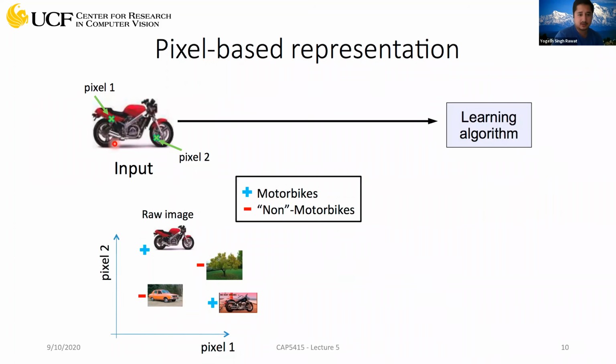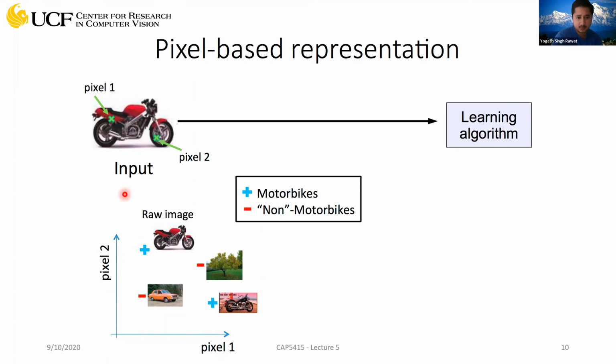So that was our input image, and let's say we are passing this image to a learning algorithm. Now, if we focus on these 2 pixel locations, what exactly will we have there? We'll have some intensity values, corresponding to the 3 channels R, G, and B. So let's just focus on one channel, okay?